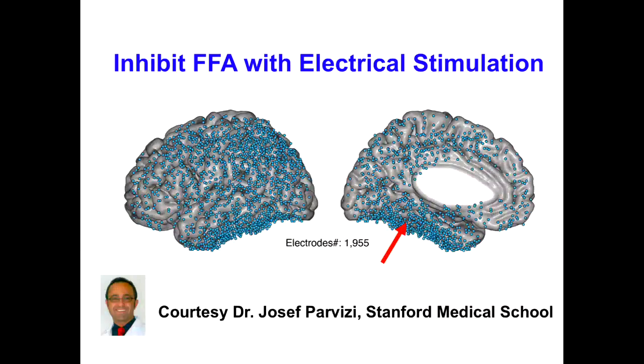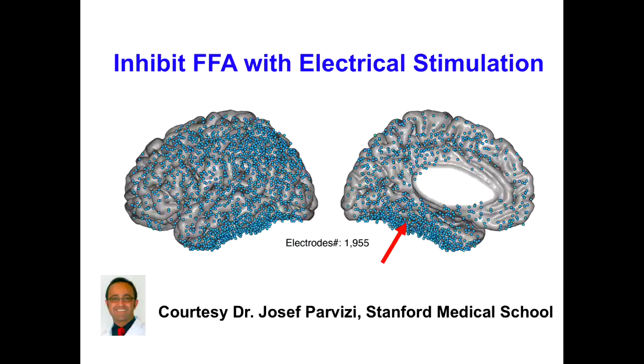Here's a really interesting case from my colleague, Josef Parvizi, at Stanford Medical Center. We do a lot of collaborative work in intracranial recording. He has a superb lab, and he's given me one of his movies of a patient, not with prosopagnosia.